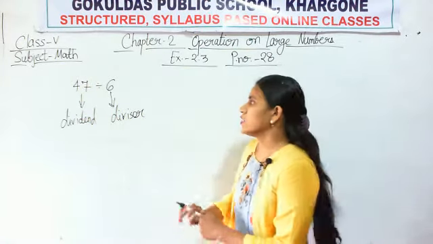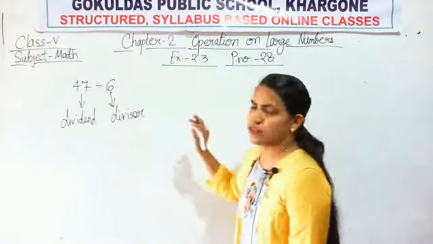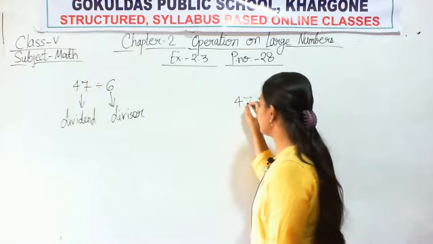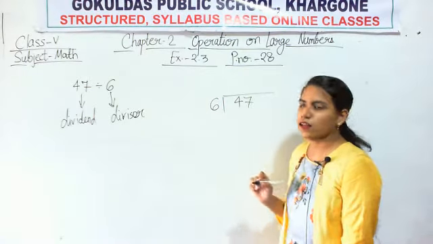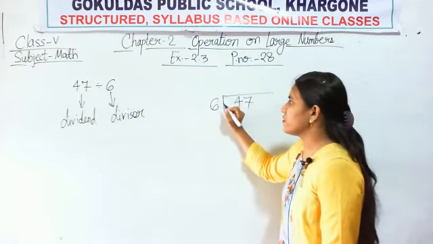So I am performing the division here: 47 divided by 6, right? What is the process of division?